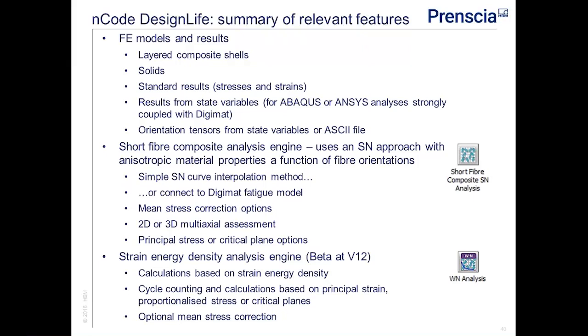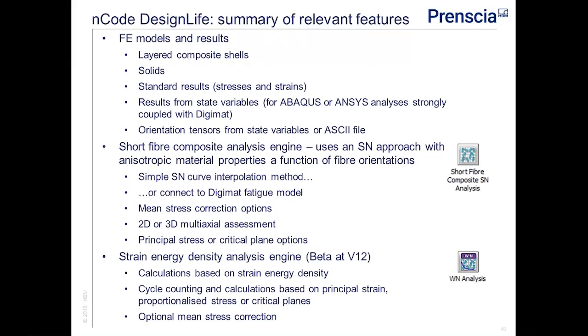We've then got two analysis engines. We've got the short fibre composite analysis engine. So this uses an SN approach with anisotropic material properties, which are a function of fibre orientations. And we've also got a new strain energy density analysis engine.